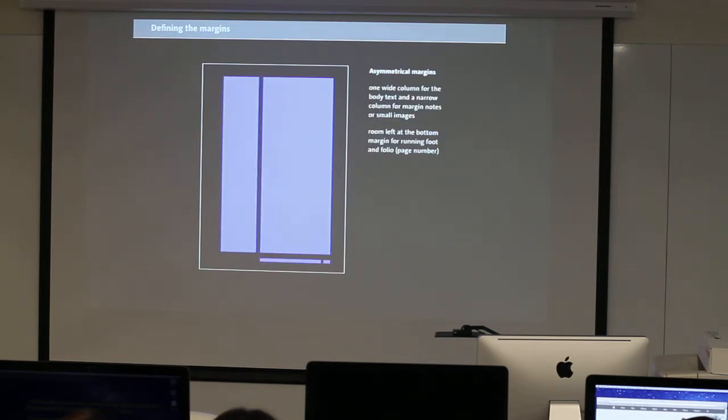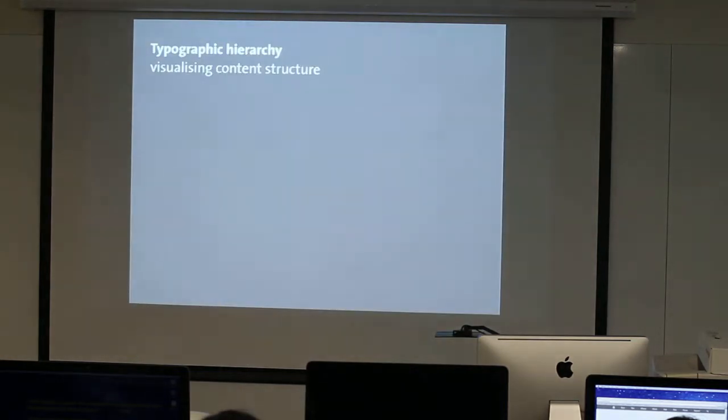You can have a main column with a sub-column for supporting information, or subsidiary information like notes, assignments. And then you have folio, that means page number, and running foot as navigational devices. Okay, so that's using space to articulate content structure.